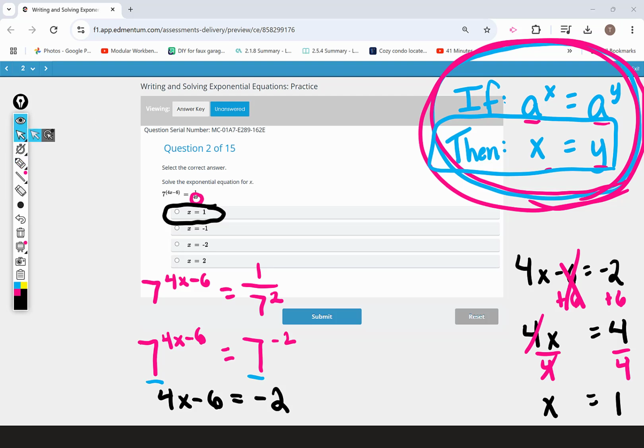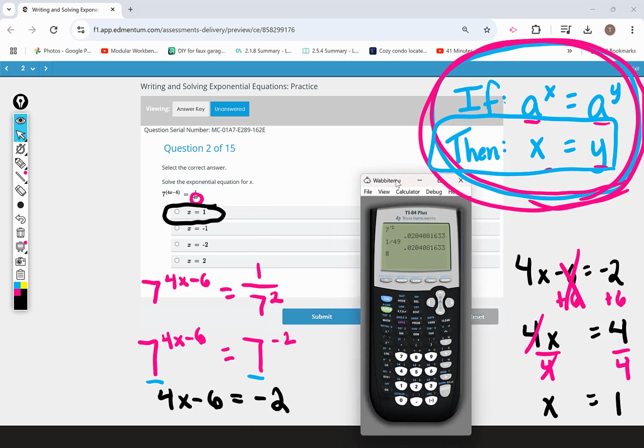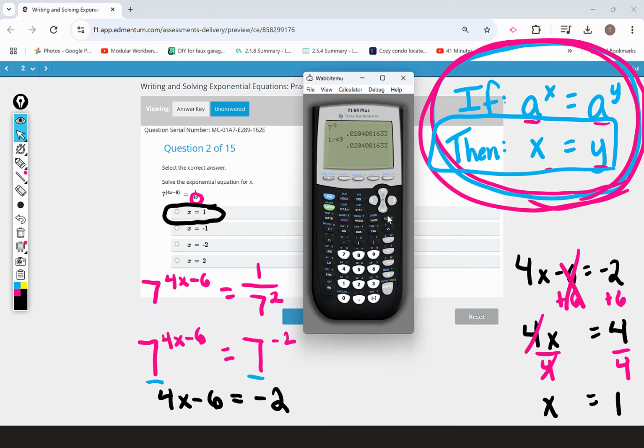Of course, we could also work this question backwards. If you find yourself and you just cannot remember how to solve this the algebraic way, we can go through and check this. So if we go back to the original problem, erase these, and we take 7, exponent button above the division symbol, left parenthesis, and instead of writing 4x minus 6, we're going to write 4 times 1 minus 6.